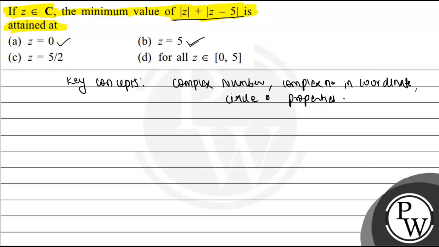Just like we know that a complex number can be written as z equals x plus iy. To represent a complex number in a circle, we write mod of z equals 1. It simply means that there is a circle with radius 1 and center at origin. So this is the circle which is representing mod of z equals 1. In this way we can represent our complex number with circles.